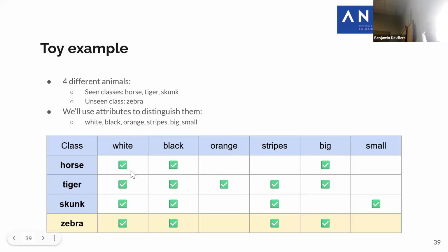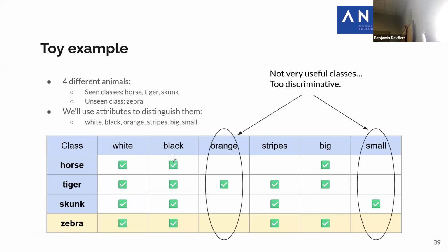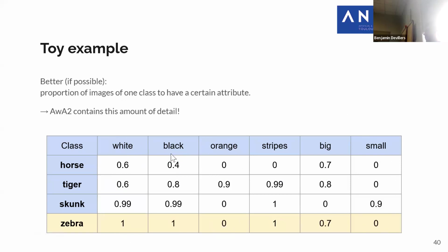So horse, let's say it's white, it's black, whatever. Actually, what we use is probabilities, or proportions in the data set. So 60% of the horses are black, 40% are white, 0% are orange, 70% are big.